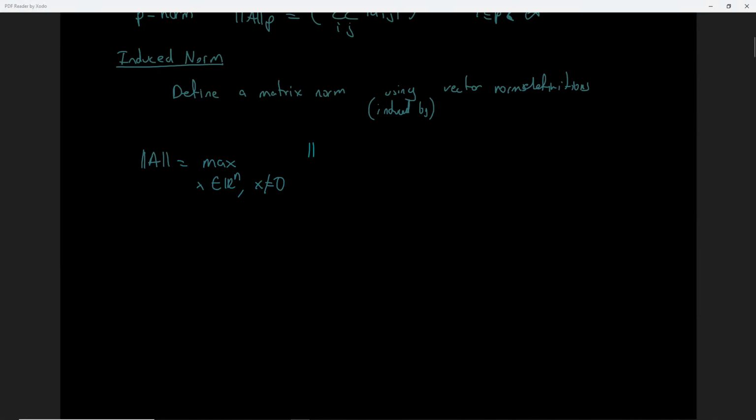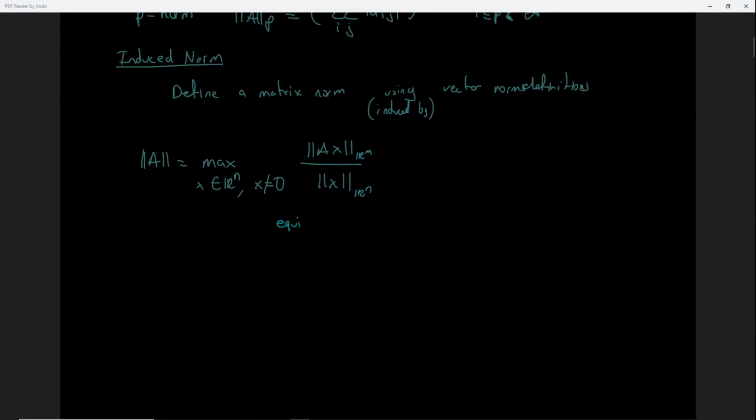We would like to find the maximum value of norm Ax divided by norm of x. Okay. And if this is an m by n matrix, the A times x is going to be m-dimensional real vector. So this is in Rm, and this is m by n, and X is in Rn.